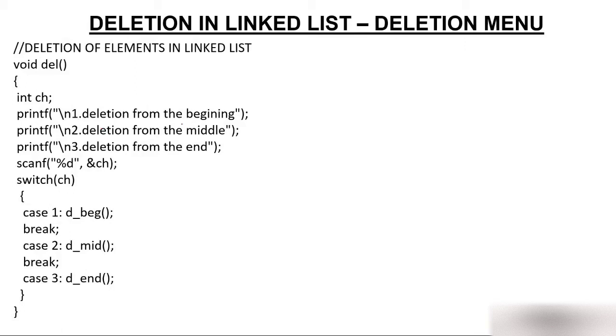Similarly in deletion you have different options: you can delete a node from the beginning, you press 1; you press 2 to delete a node from the middle; you press 3 to delete the node from the end. What is your choice? Since now your job is for the beginning, you will press 1, the switch will jump to case 1, and case 1 calls the function dbig, that is delete beginning.